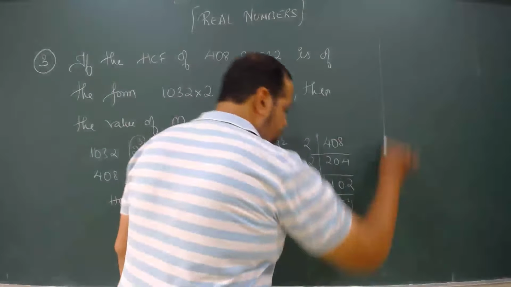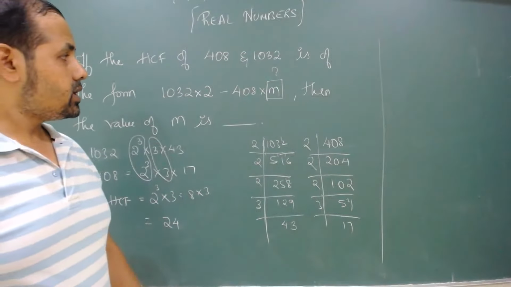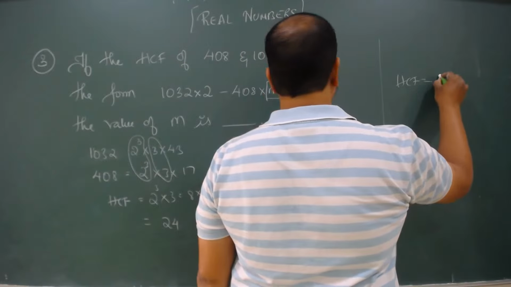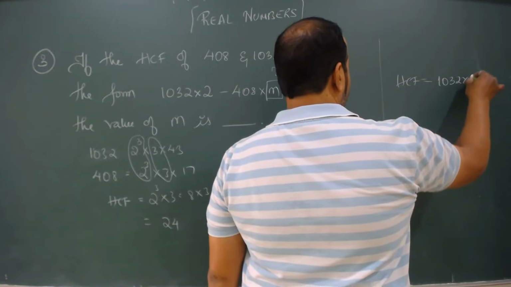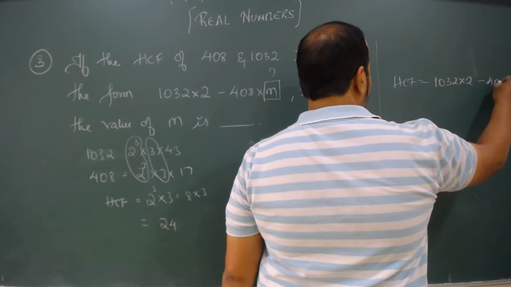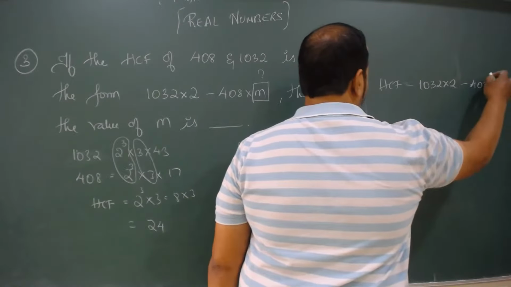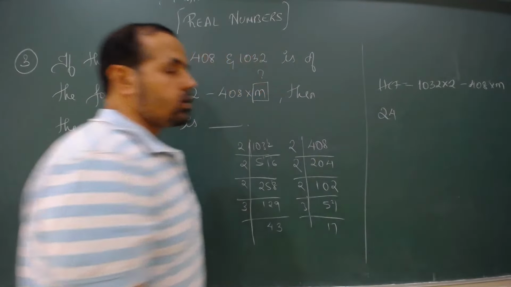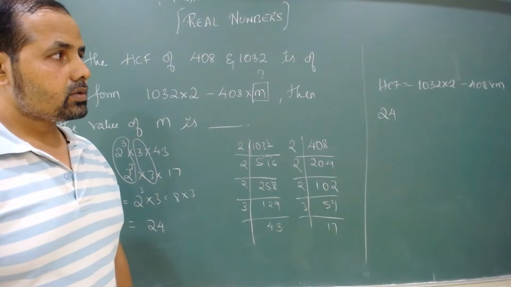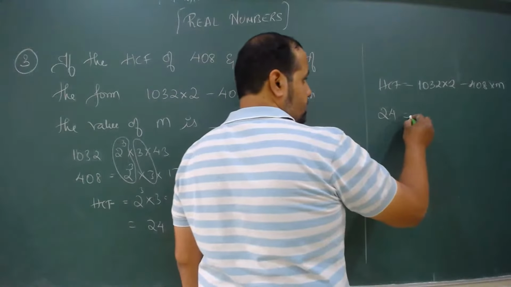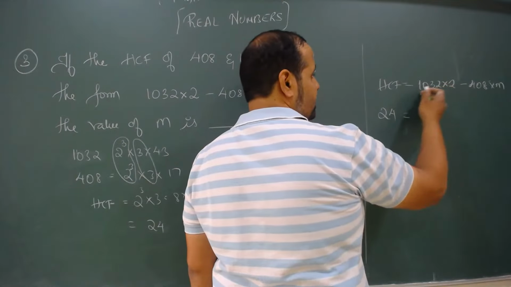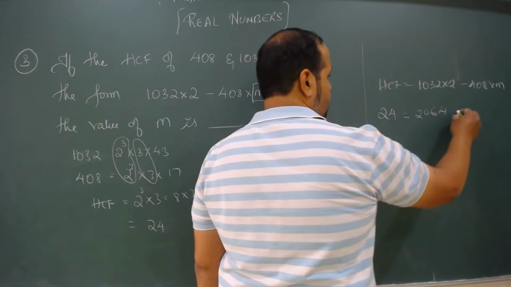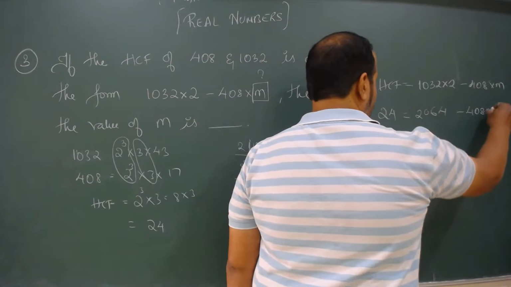Now let us simplify this one. The HCF is in the form of 1032 into 2 minus 408 into n. HCF is 24, is equal to, let me multiply these two numbers: 2 twos are 4, 2 threes are 6, 0, so 2064 minus 408 n.